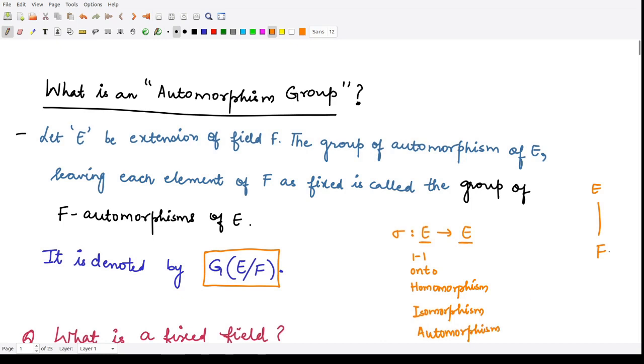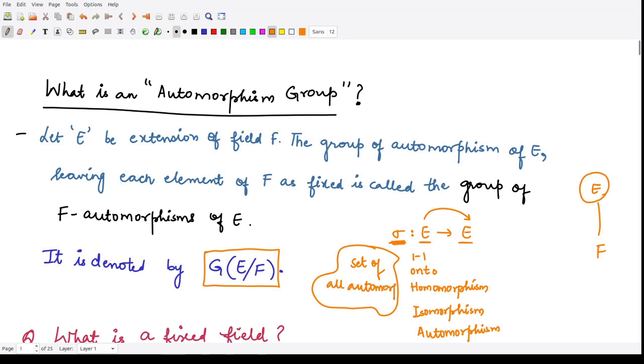So we have this extension field, and we are defining some mapping from this extension field to the same extension field. There would be many such mappings. When you collect all these mappings into a set, this is the set of all automorphisms.